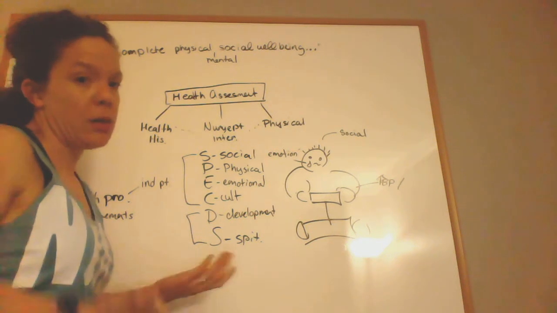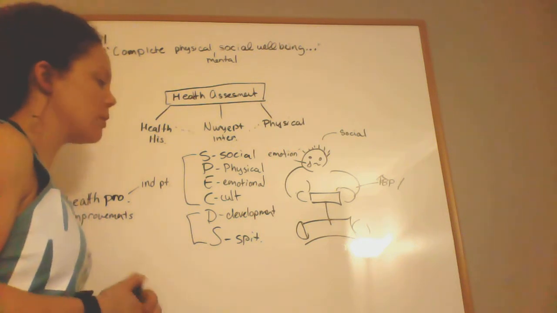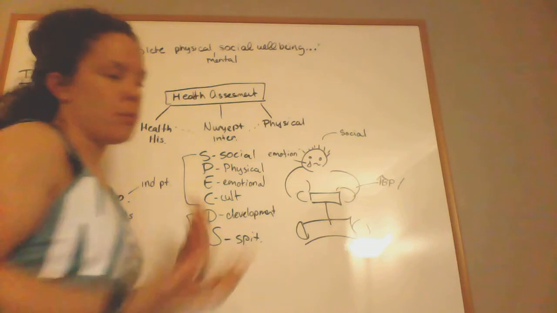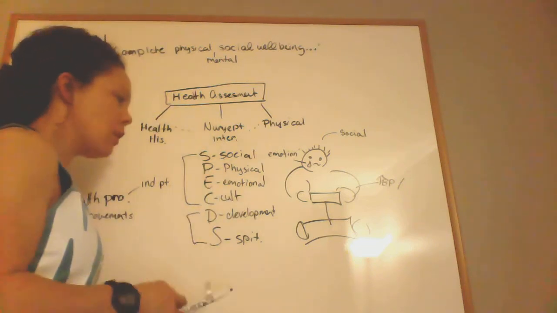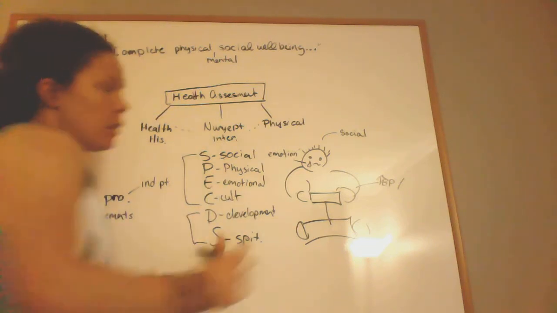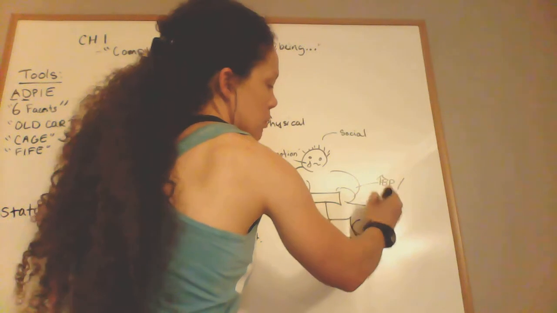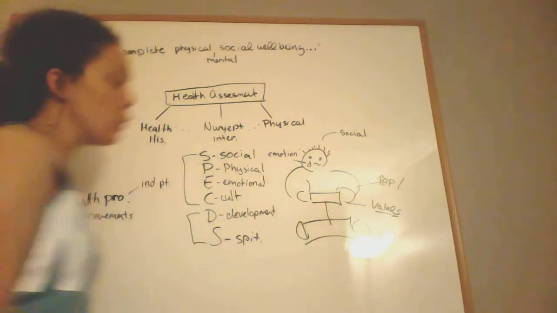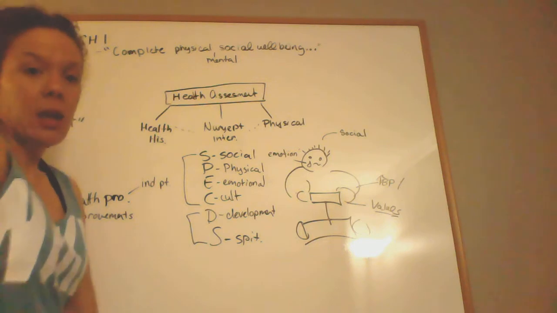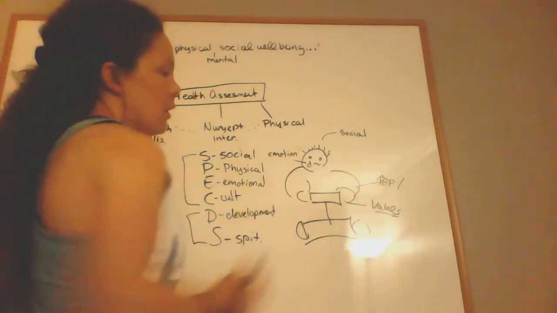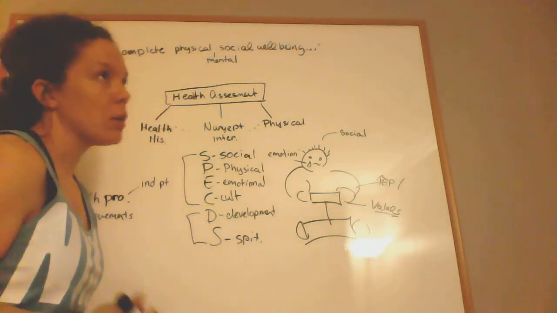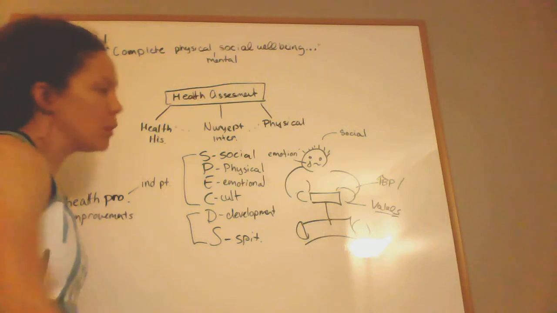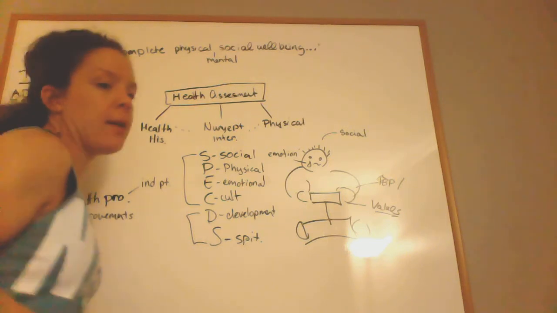Developmental: while she might legitimately have educational delays, there's also, does she have values? Maybe she doesn't, because she's in a completely new place and the values aren't in line anymore. And then spiritual: does she have some type of religion?